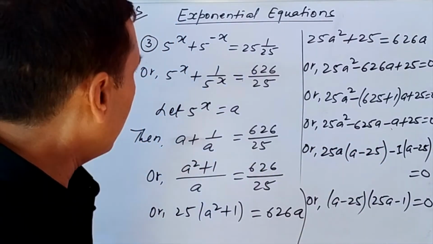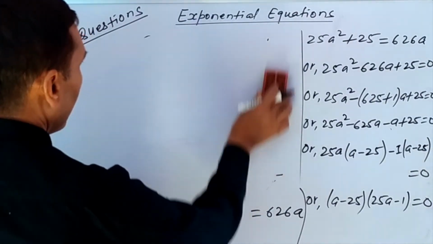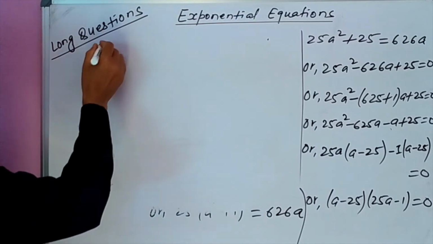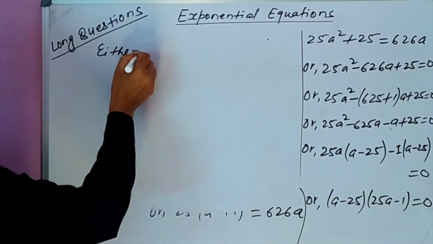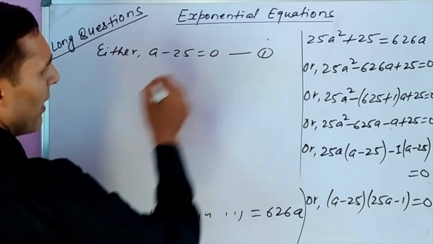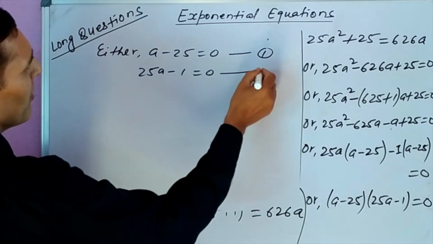You understand this whole process very well. Now equating each factor with 0, we get two equations here. Either a minus 25 is equal to 0, equation 1, or 25a minus 1 is equal to 0, equation 2.